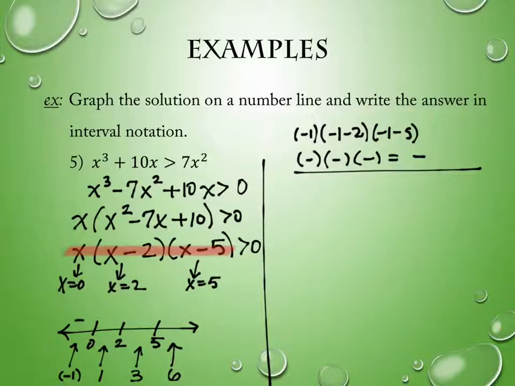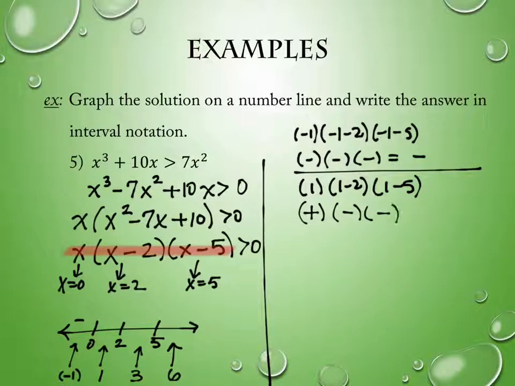Okay, we'll do the number 1. So if I plug the number 1 in, well, the first one's now positive. What's 1 minus 2? Negative. And 1 minus 5? Negative. So positive, negative, negative is positive. 3.